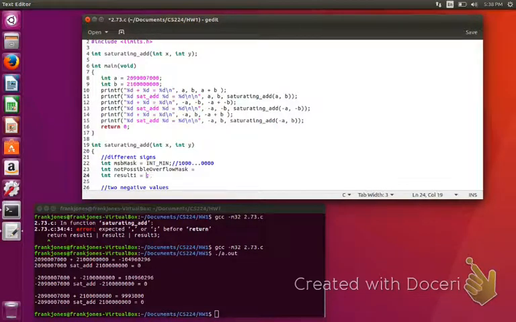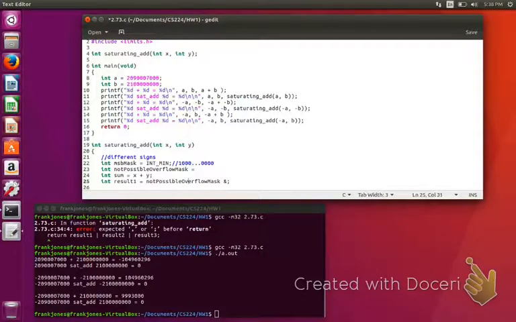The way I'm going to use that mask is that in setting the result, I'm going to say not possible overflow mask, I'm going to AND that with what the normal result could be. So if it's not possible for there to have been an overflow, then I just want the sum, and I want to return it.